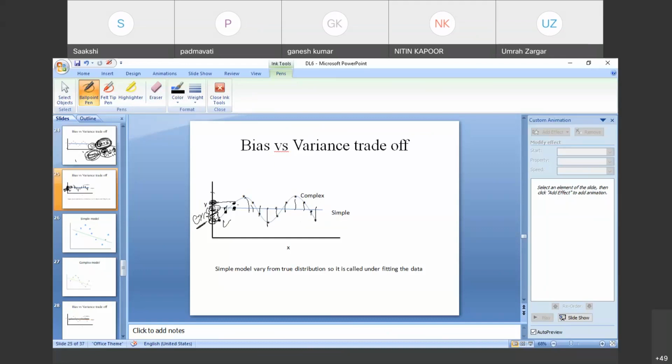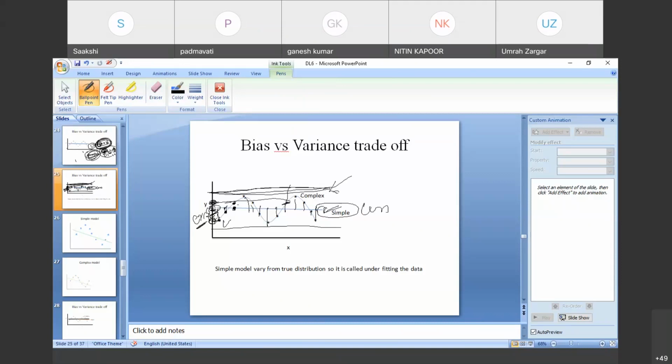But suppose I choose my predicted line over here. Then the loss, when you take the average of all these, would be very high compared to the line the simple model selected. Why?